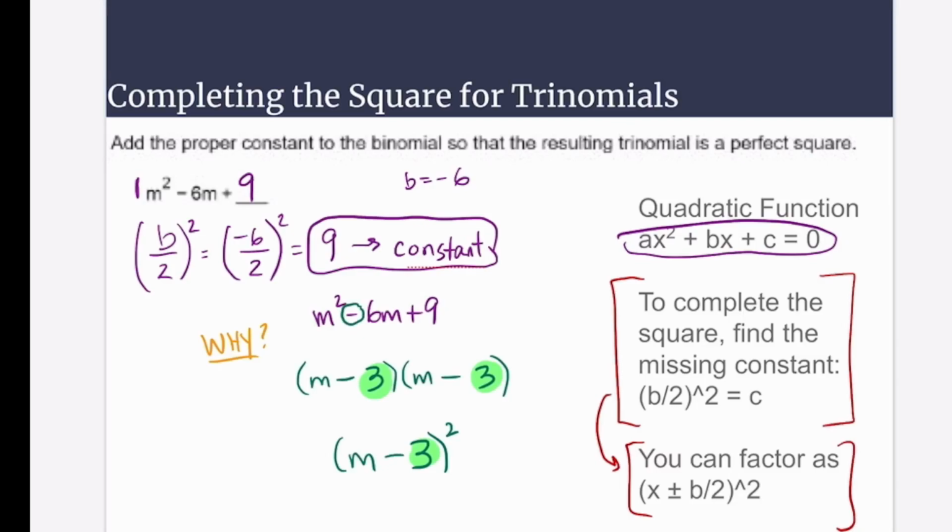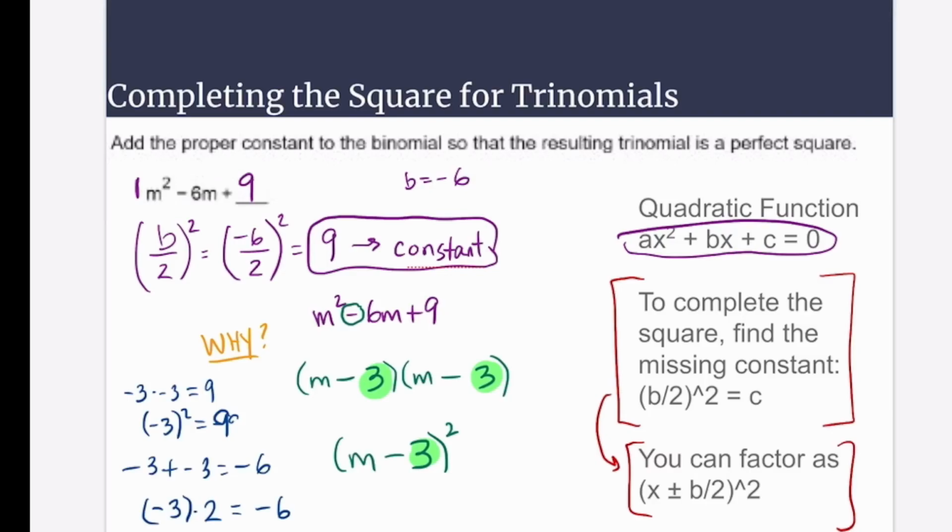So the check: negative 3 times negative 3 is 9. That you could also write as negative 3 squared is 9. And then if we add those, negative 3 plus negative 3, that's negative 6. So we could write that as negative 3 times 2.